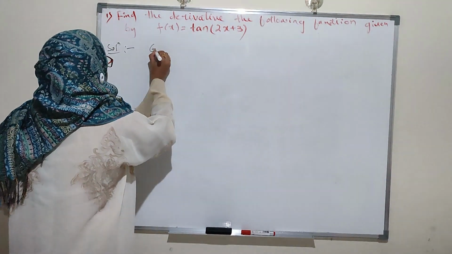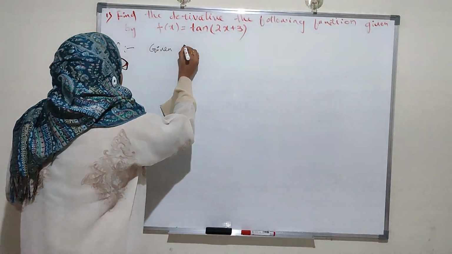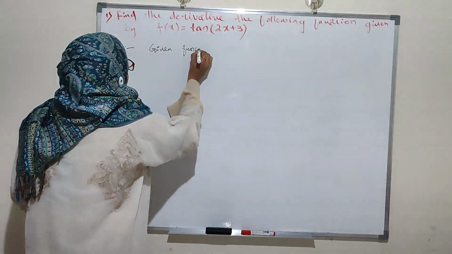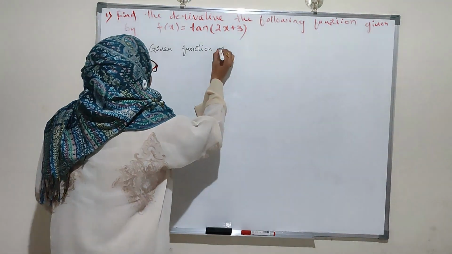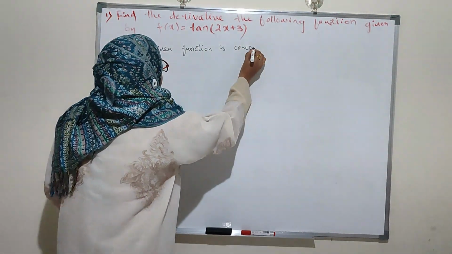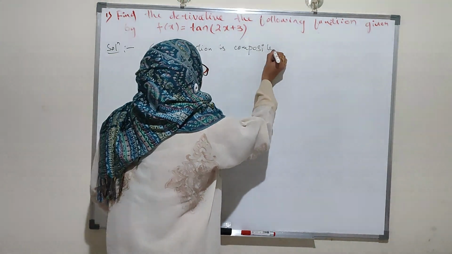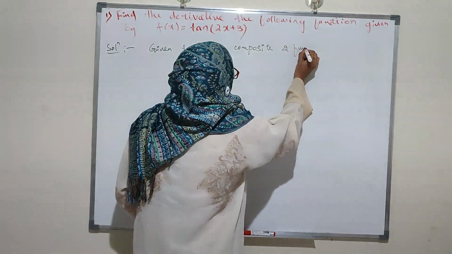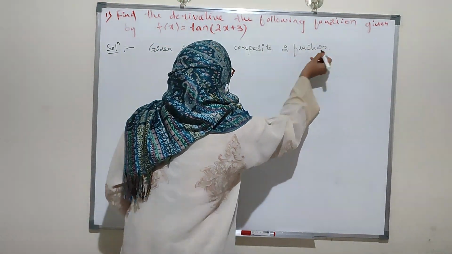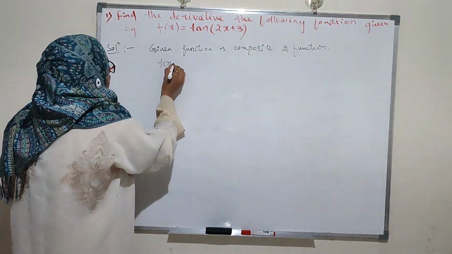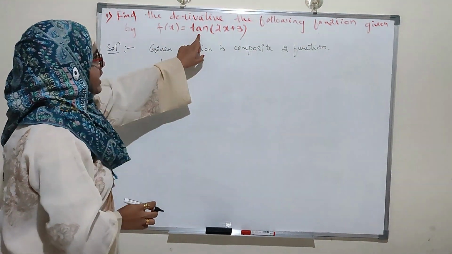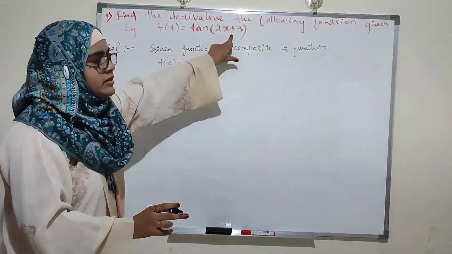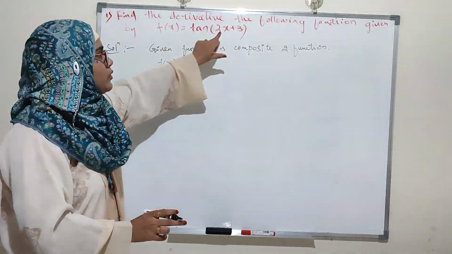Given function is a composite of two functions. So we can write f of x equal to tan, which is trigonometric, and 2x plus 3, which is an algebraic term with the constants 2 and 3.